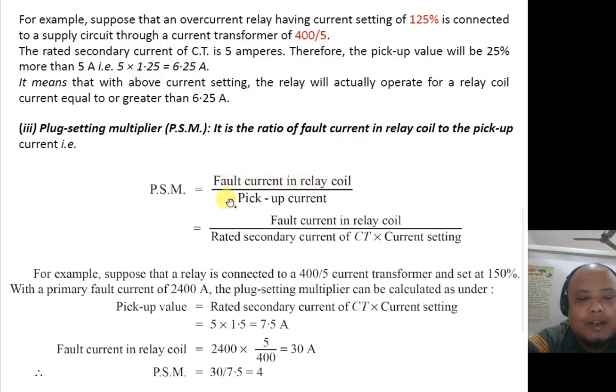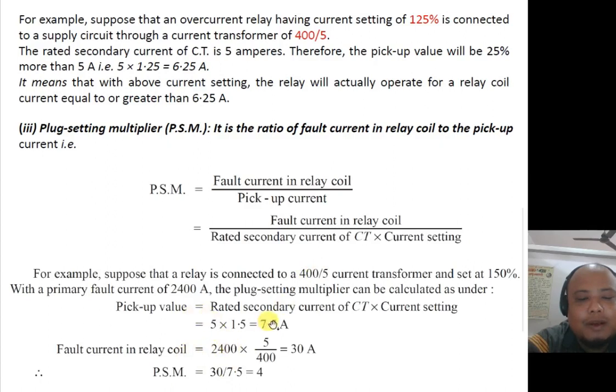How to find the secondary current? I1 by I2 is equal to 400:5. This is the current ratio. If primary current is 400, secondary current would be 5. So if primary current is 2400 during fault condition, what is the secondary current? I1 by I2 is equal to 400 by 5, so the secondary current is 30 ampere. So you get the fault current in the relay.